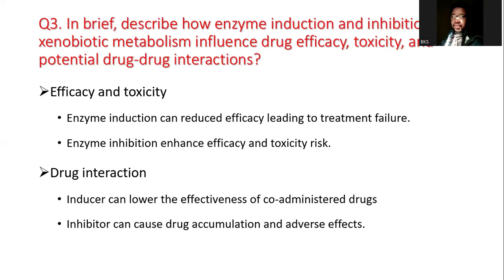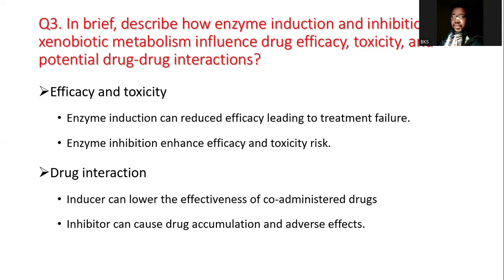But what happens in inhibition is that you're taking a drug and now you take another substance which inhibits the enzyme responsible for metabolizing it, meaning that the drug you've taken will be metabolized very slowly because the enzyme responsible is inhibited. So it can accumulate over a long period, and that will prolong or enhance the efficacy because the activity of the drug is gradually manifested.